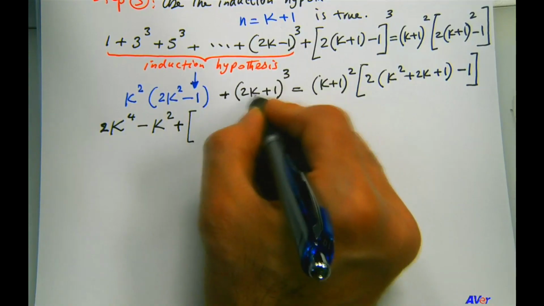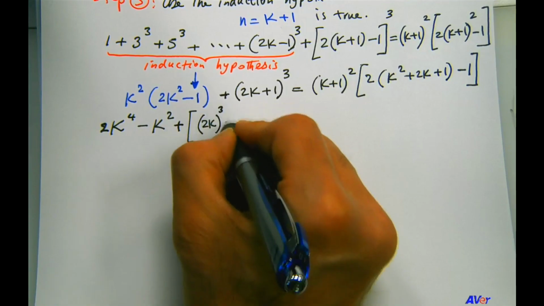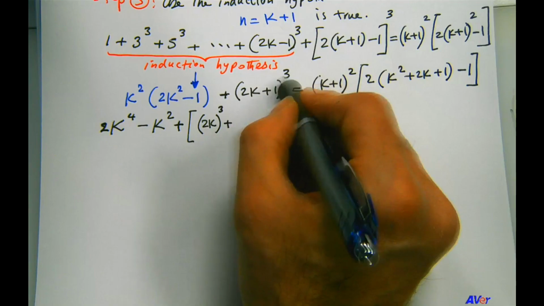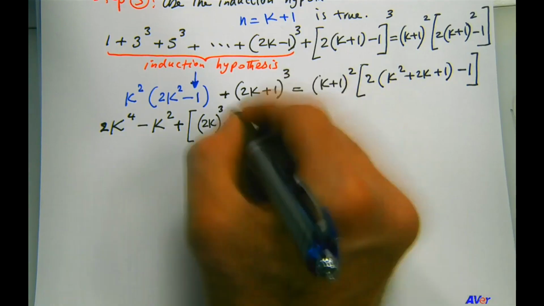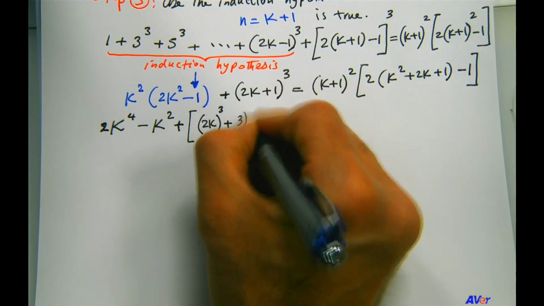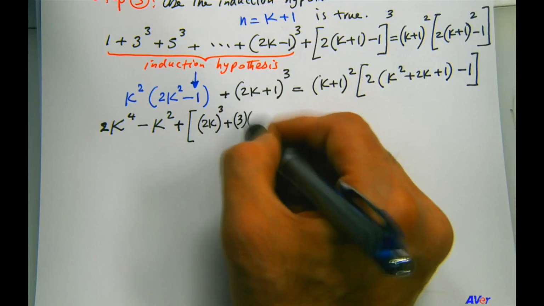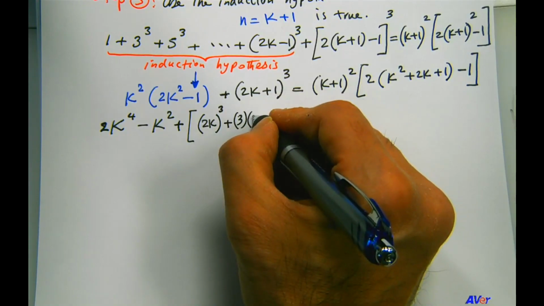So this first term cubed, 2k cubed, plus 3 times 2k squared times 1. I'm just following the shortcut formula. If you remember it, you know exactly what I'm doing.